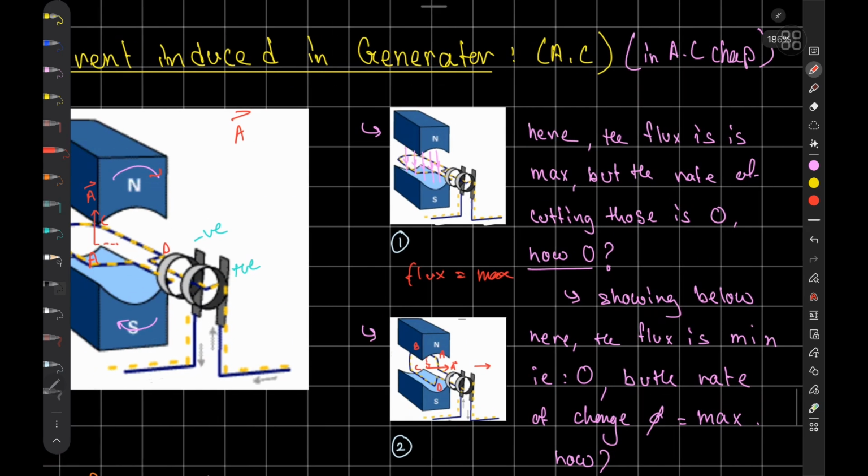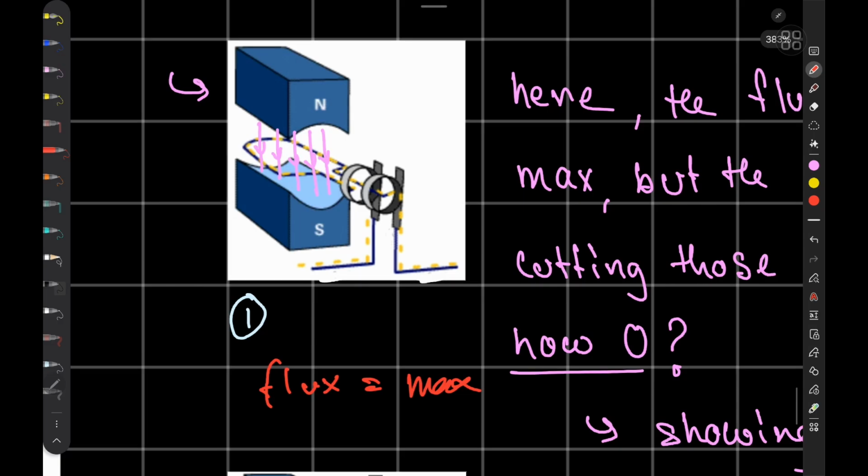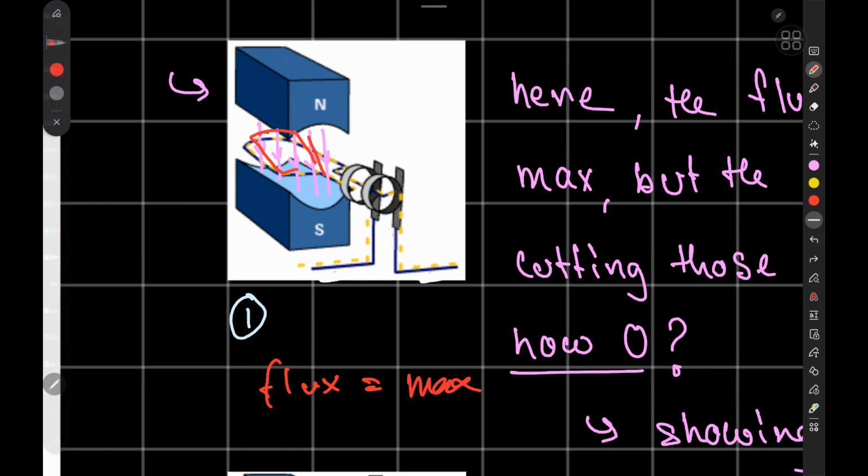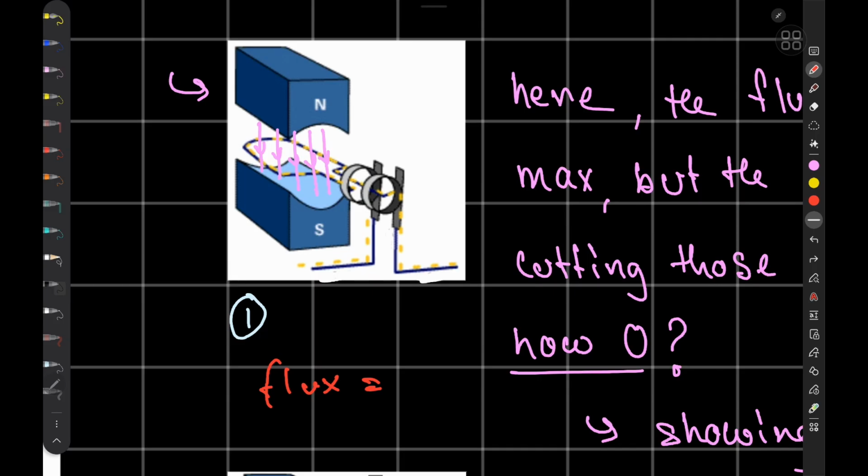Okay, flux is max. However, exactly in this position, even though flux is max, the rate of flux change is 0. Why do I say that? Look, over here flux is maximum, but the moment you ever so slightly turn this coil a bit clockwise, do you know what has happened?